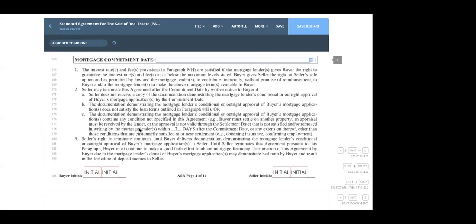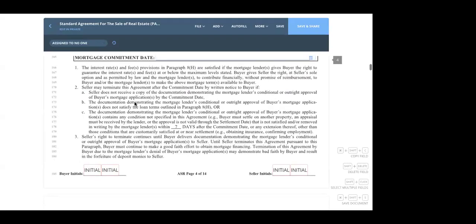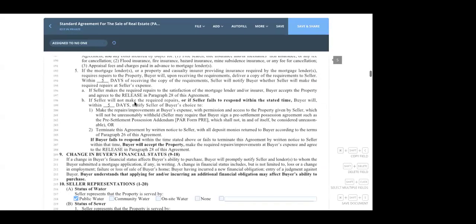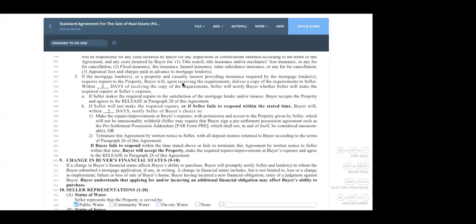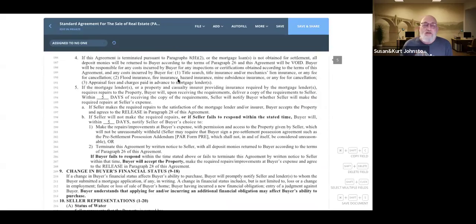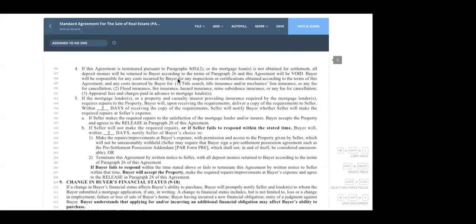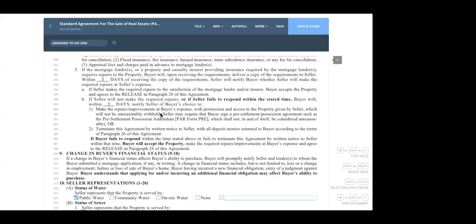And then if you have an appraisal contingency, if an appraiser goes out there, tying back to the lender, if that's who they work for, yes, we will appraise this on the condition that you replace the roof. And that wouldn't have anything to do with the inspection contingency section. It would go back to, what about insurance lenders demanding it? Justin, I think it's under B1. Make the repairs, improvements at expense of the permission and access to the property.